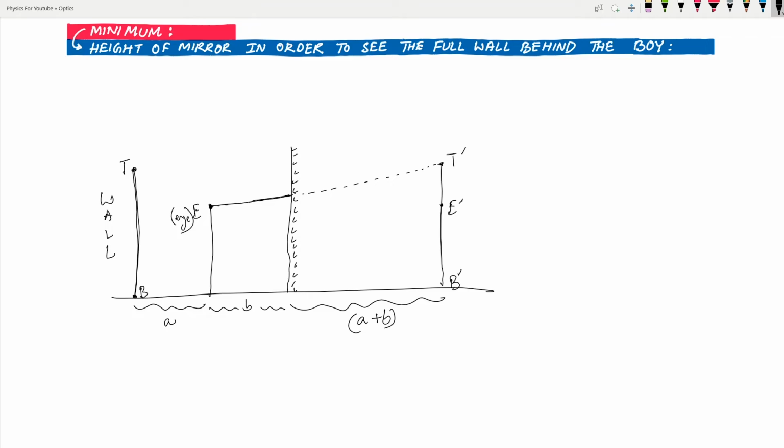For this one, a ray should come from the bottom in order to see the full image. So this is in this direction, this is in this direction, but actually where are these rays coming from? The rays are actually coming from the top of the wall, and this is coming from the bottom of the wall. It's reflecting according to the law of reflection and entering our eyes. So this is the diagram, simple as that.